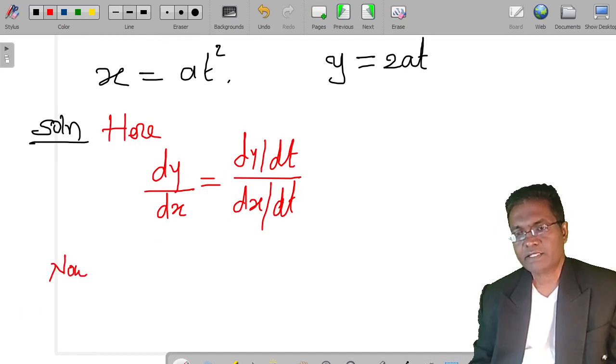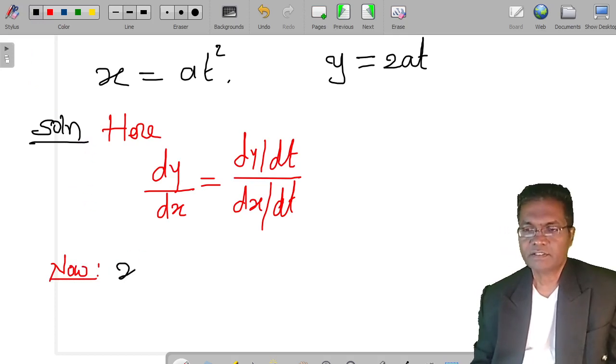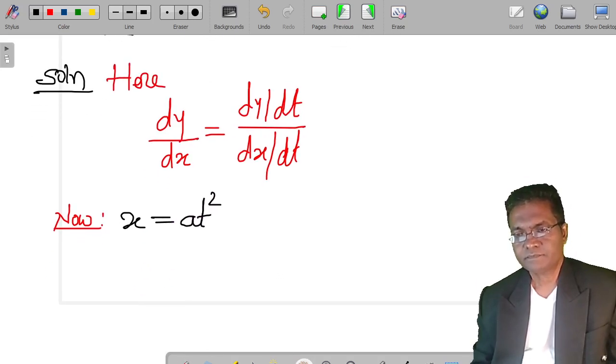One can write directly if it is for 1 mark. Okay. So x is at square. Differentiate with respect to t because we want dx by dt here.